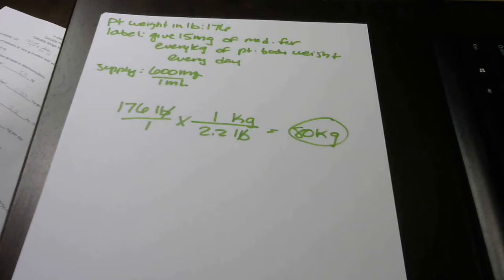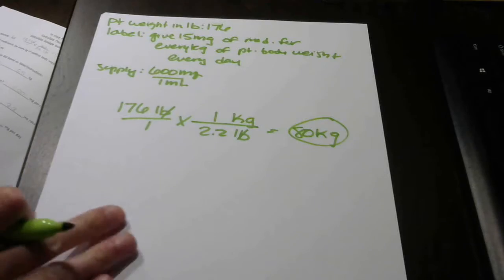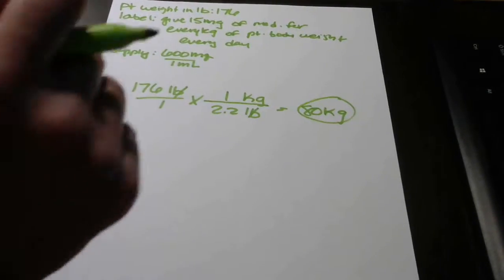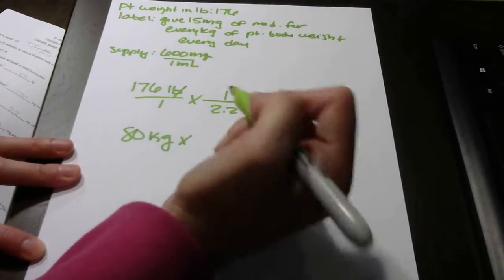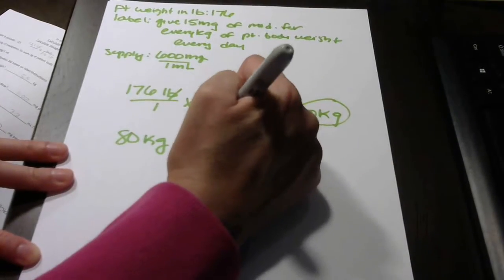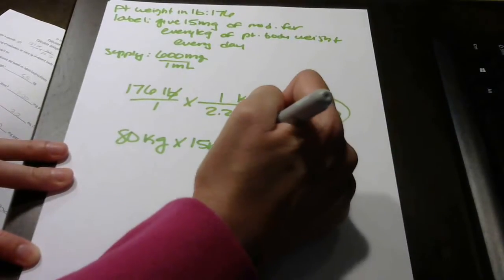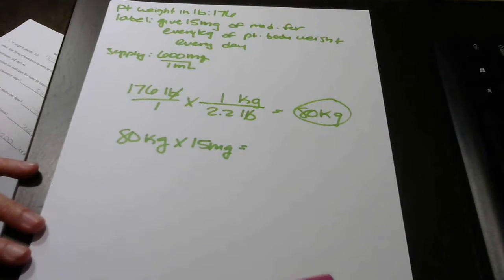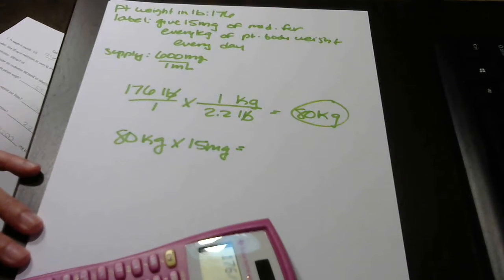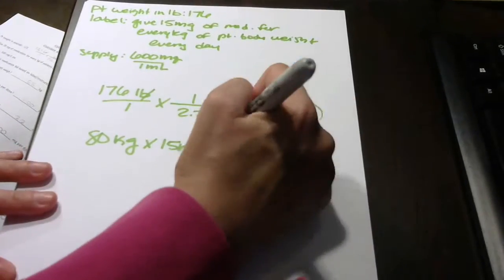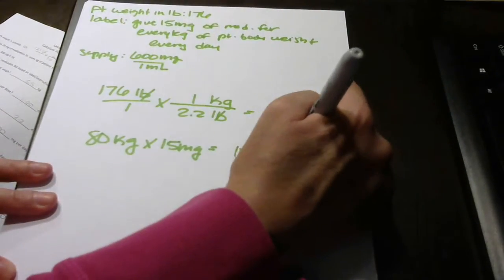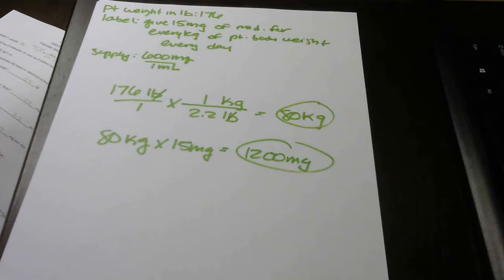The next question is, how many milligrams should the patient receive per dose? We know that our patient is 80 kilograms and they want to give 15 milligrams for every kilogram of patient body weight every day. So we just take 80 times 15, which is going to be 1200 milligrams for our second answer.